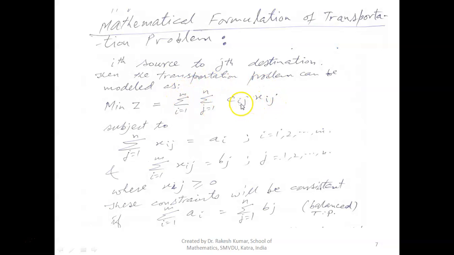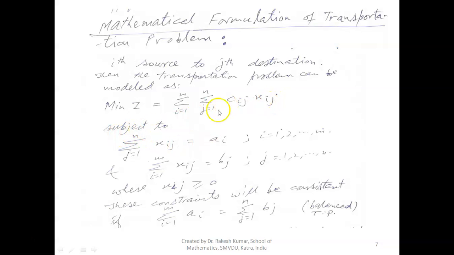For example, C11 X11, then summation means plus C12 X12 plus C13 X13 and so on up to CMN into XMN. So this summation gives me the sum of all the transportation costs involved, right? So this is the total transportation cost.